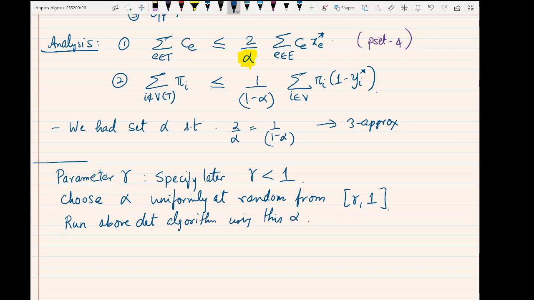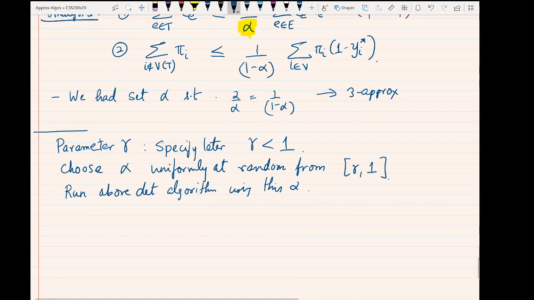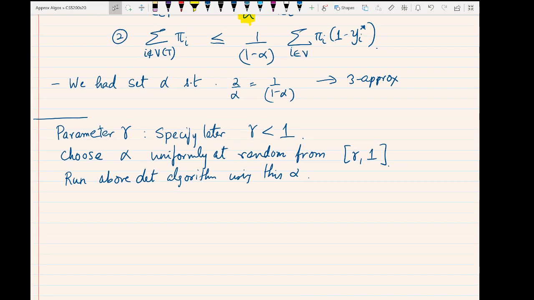So notice that because the choice of alpha is random, the penalty incurred and the connection cost incurred by the algorithm are also going to be random depending upon alpha. So we're going to go ahead and analyze this. In fact, we're going to analyze what is the expected connection cost incurred by the algorithm and what is the expected penalty incurred by the algorithm.